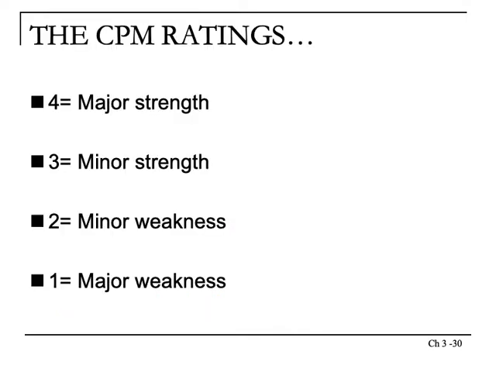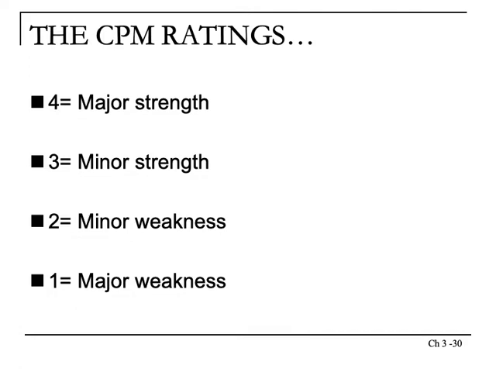Now, in the EFE, our ratings measured a 4 was a superior response, a 3 was above average, a 2 was average, and a 1 was a weak response. For the CPM now, you realize the terminology for the ratings is different.